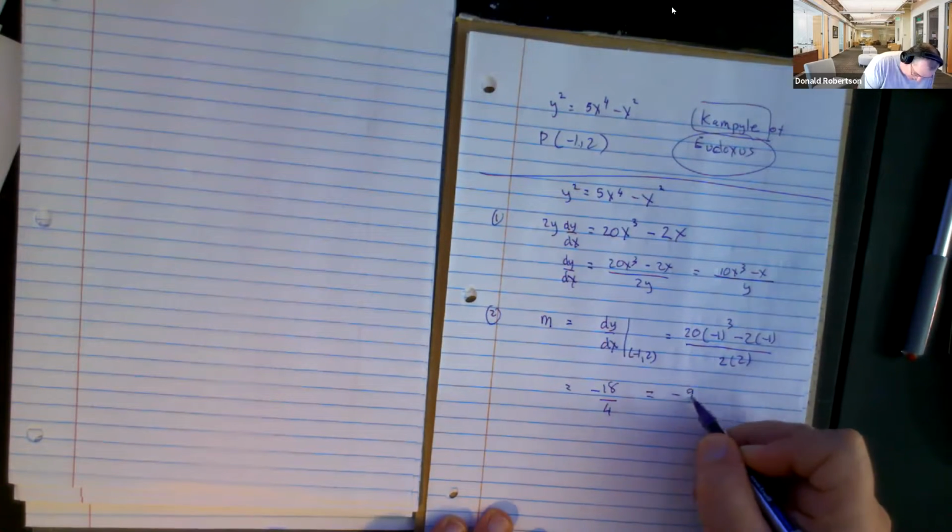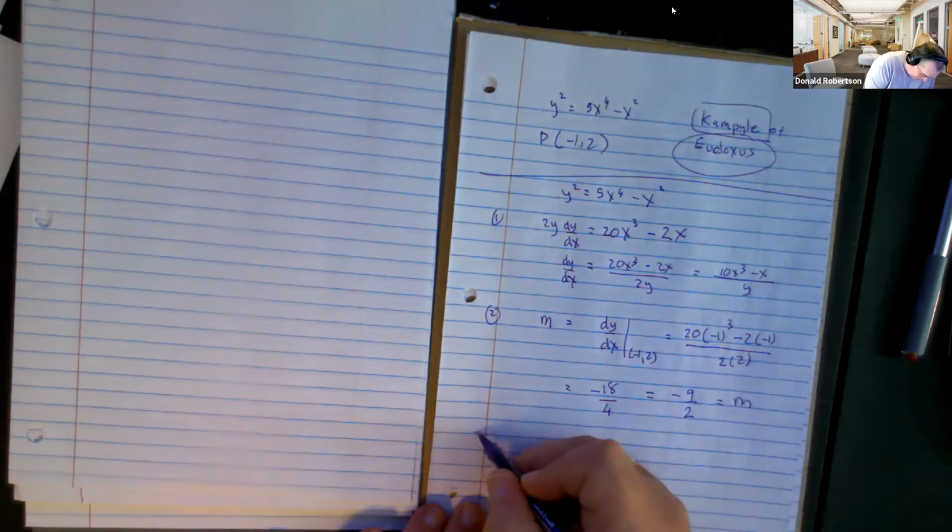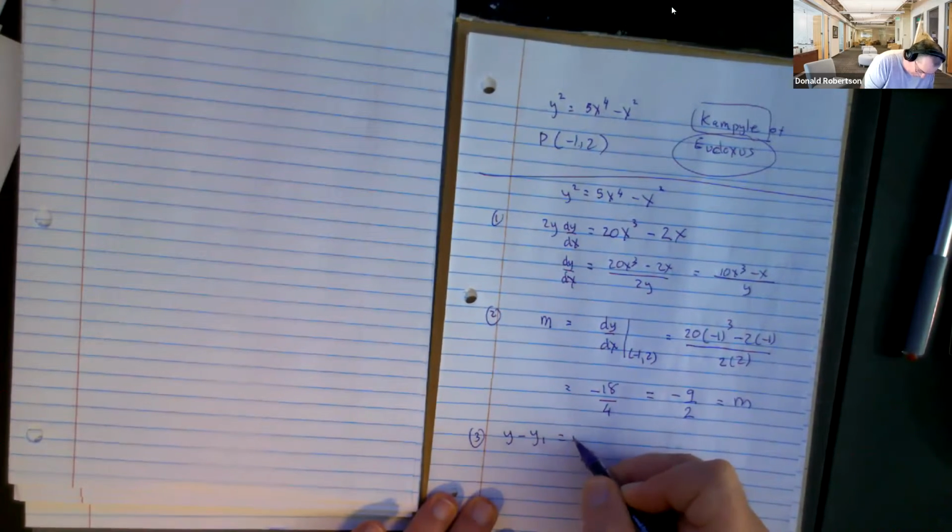So that's -20 plus 2, so that's -18, and this, I believe, is 4, and that becomes -9/2. And then point slope equation, and we're done.